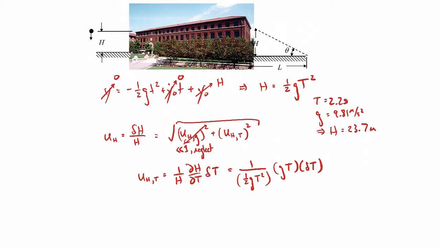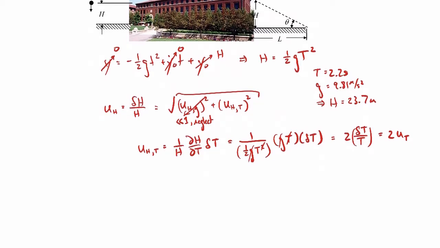If you look at that, some things cross out. We have the g that crosses out, one of the t's crosses out, and we'll get 2 times dt over t, which is just 2 times the relative uncertainty in the time. Thus, the relative uncertainty in the height will be 2 times the relative uncertainty in the time.